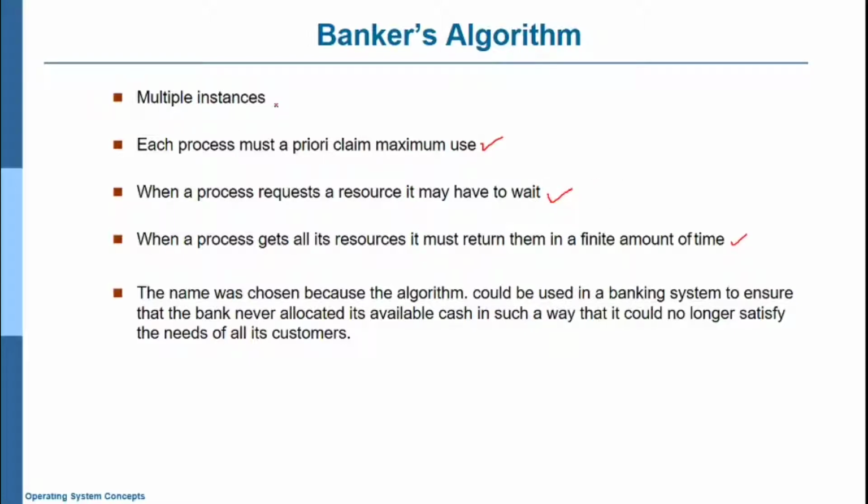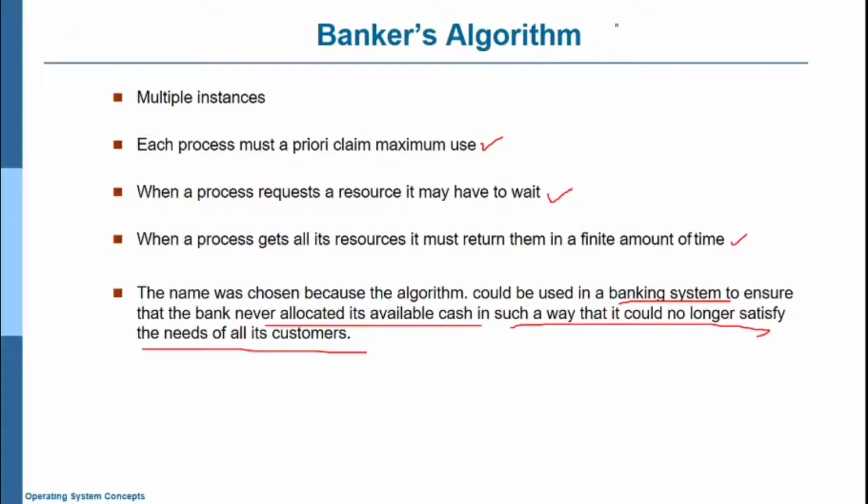The Banker's algorithm got its name because it is used in the banking system to ensure that the bank never allocates the available cash in such a way that it could no longer satisfy the needs of all its customers.